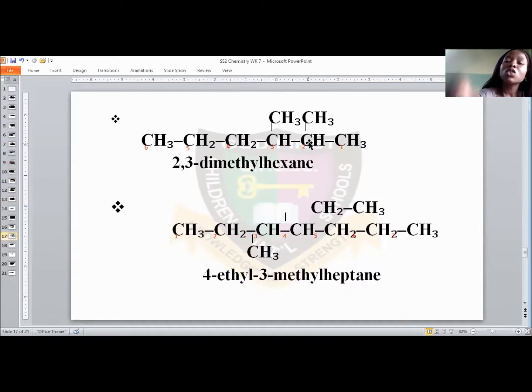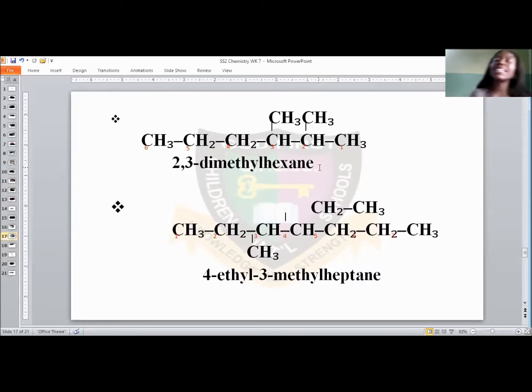Do you see? 2 is smaller than 4 and 3 is smaller than 5. So we counted from the right in this situation. So I have 1, 2, 3, 4, 5, 6. Now the parent chain is 6 carbon and the substituents are on 2 different carbons on that chain. So I have 2, 3 showing the location of the substituents, and each of those substituents is a methyl group. So I have 2,3-dimethyl hexane as the name.